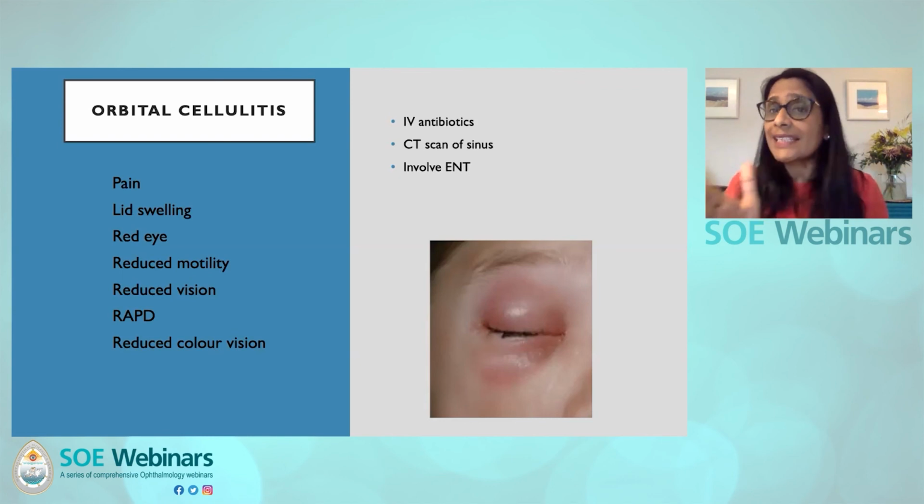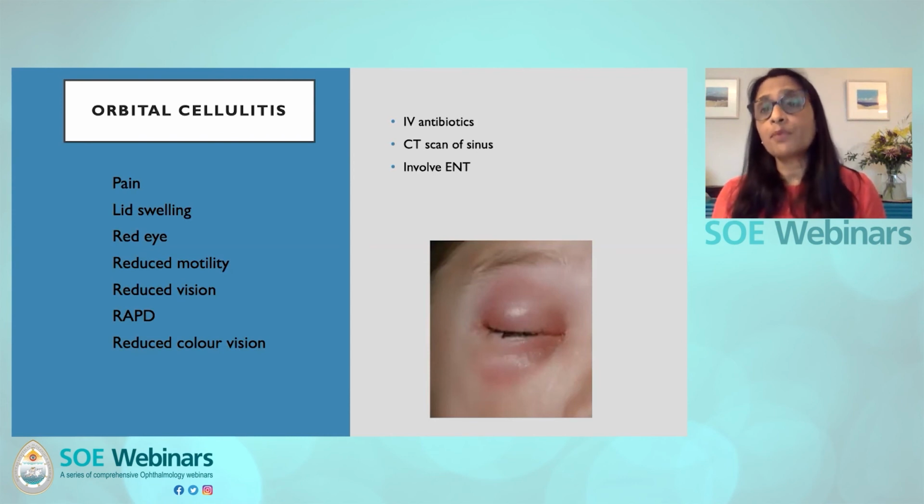What's the motility of the eye like? What is the vision? Is there a presence of reduced color vision? Is there a presence of an RAPD? All of which is telling you that the optic nerve is vulnerable. These patients require prompt IV antibiotics. And again, your units will have the protocols that you will follow.